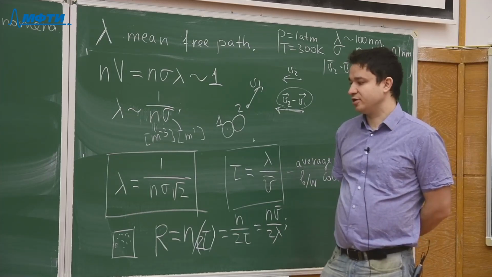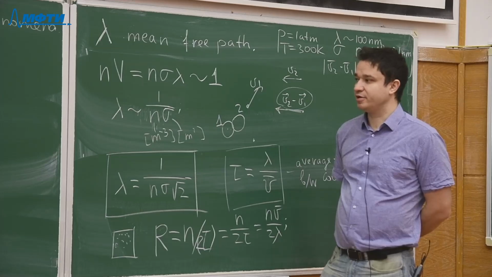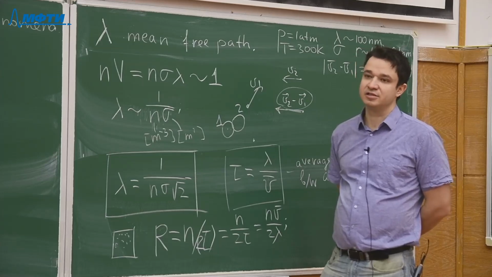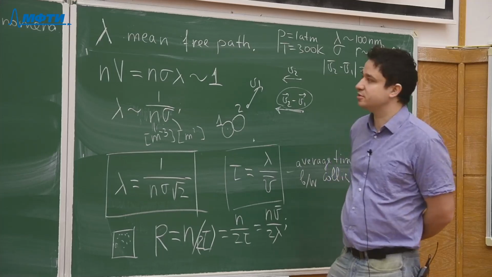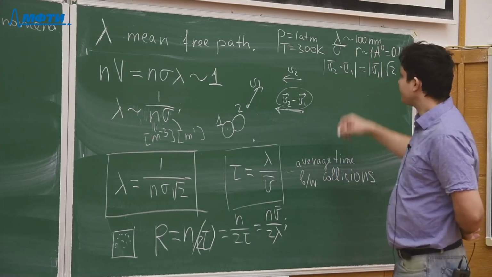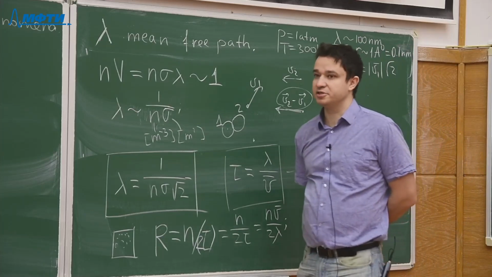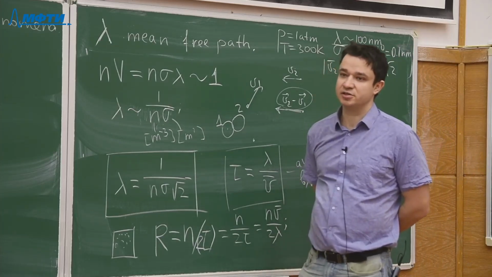Moreover, collisions play a very important role in establishing the Maxwell distribution and other distributions, because this distance, lambda, is essentially the distance at which you can consider the system microscopic.